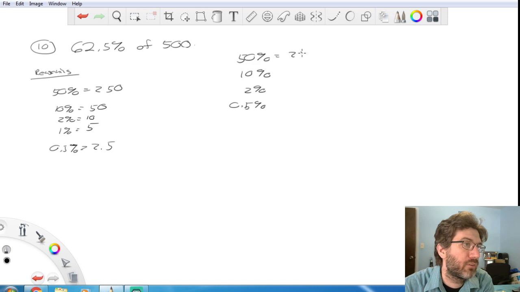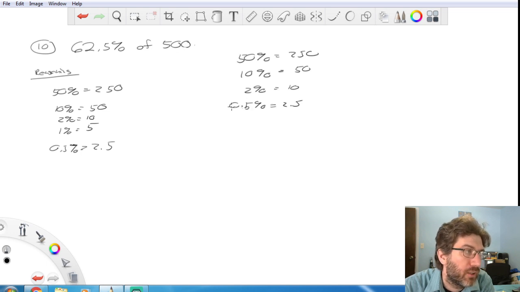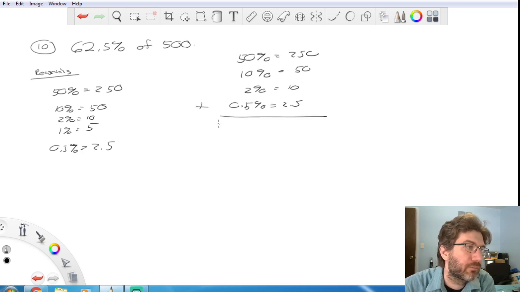So 50% is 250, 10% is 50, 2% is 10, 0.5% is 2.5. I'm just reasoning through things to get these nice, easy numbers, and then I can combine them to get my tough one. Double checking, 50 plus 10 is 60, plus 2 is 62, plus a half is 62.5. So the percents add up to 62.5.